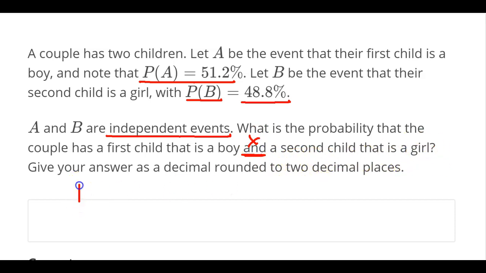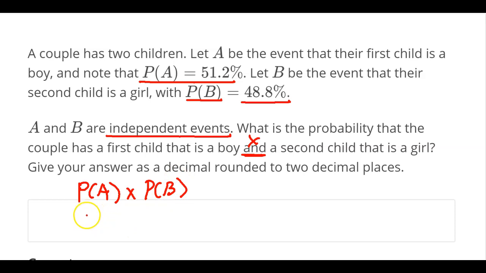So the probability of the first child being a boy, boy is A, right? Yeah, boy is A. The probability of the first child being a boy times the probability of the second child being a girl. So the probability of A is what?